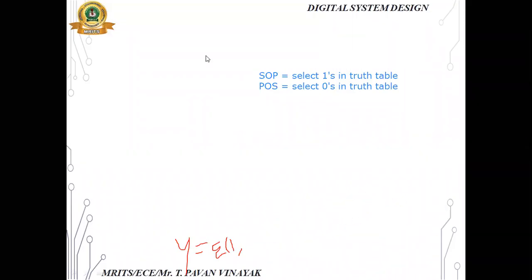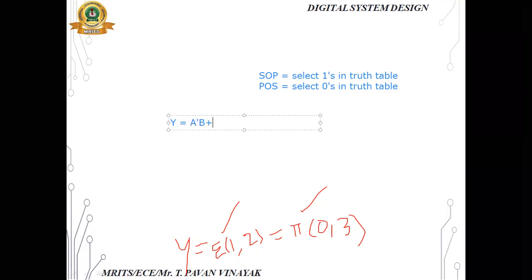So Y equation is sigma 1 comma 2, or zeros are available at pi of 0 comma 3. See, both are same. How? So it is a two variable function, right? So for two variable function, Y will be what? 1 means 0 1, so A bar B, plus 2 means 1 0, A B bar.